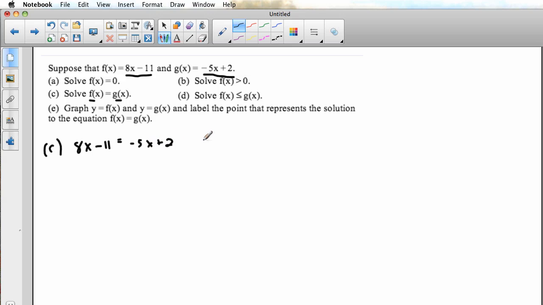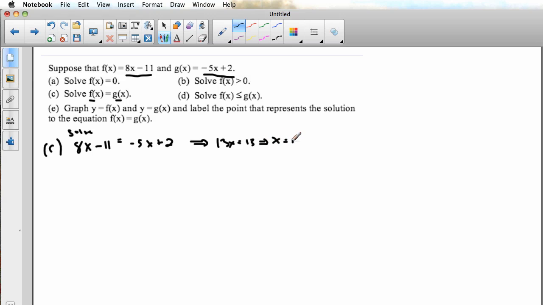So solving f of x equals g of x is the same thing as solving this equation. Here I'll add 5x to both sides, and then on the left side I'll get 13x. If I add 11 to both sides, then on the right side I get 13, and so I'll end up with x equals 1.